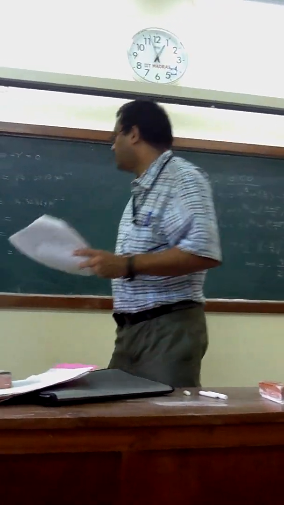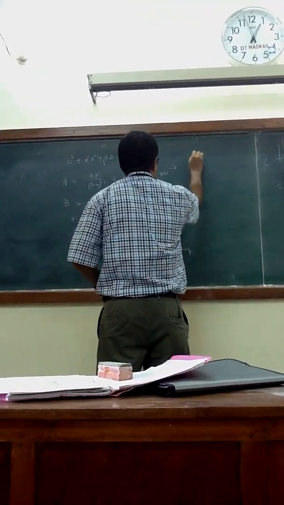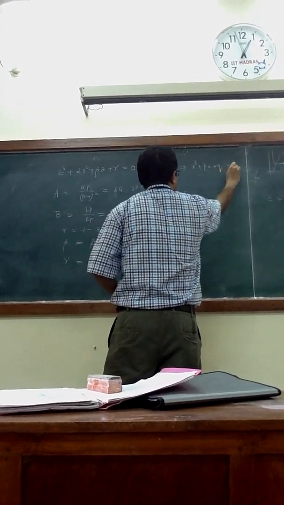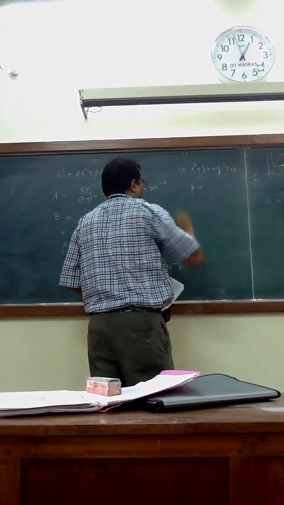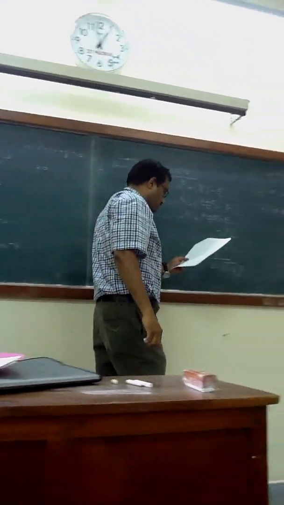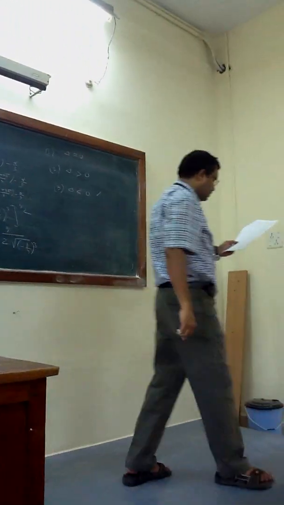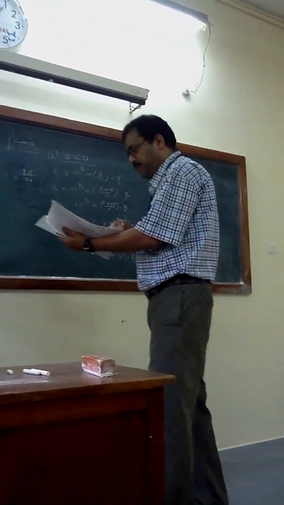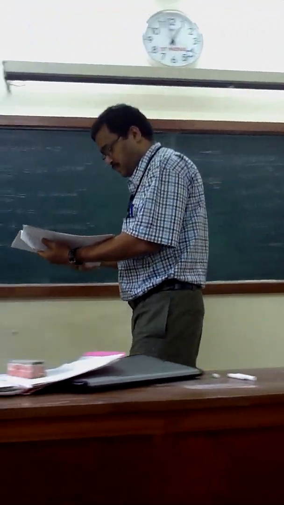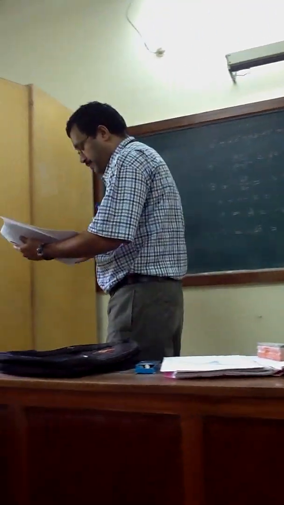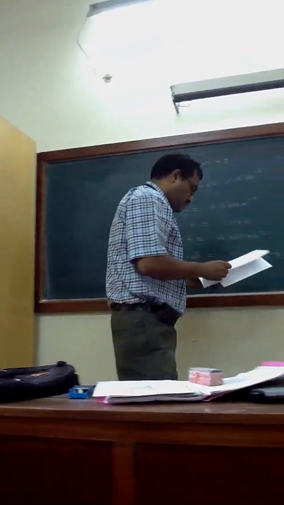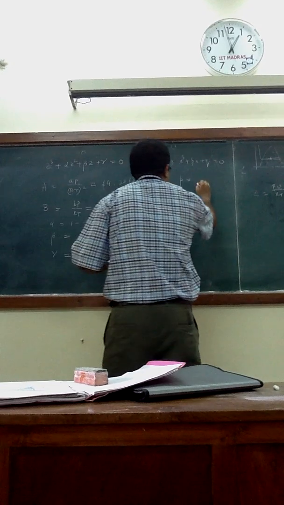Now everything is over. We will go for P. This equation will transform to x cube plus px plus q equals to 0. How much is P? You know the P, right? You have done it. What is P? P is beta minus alpha square by 3.